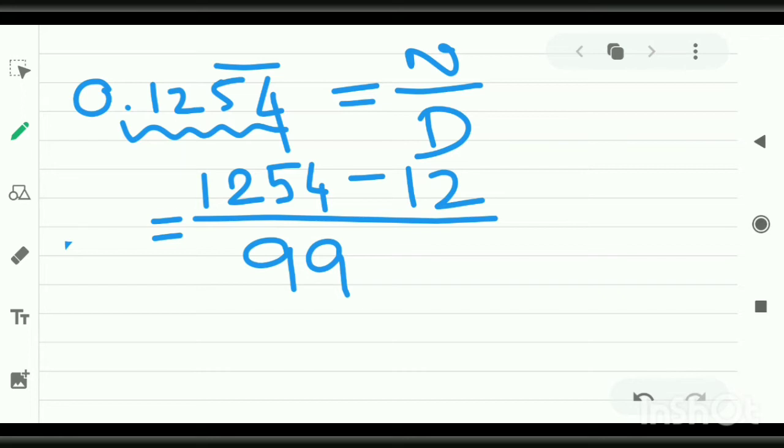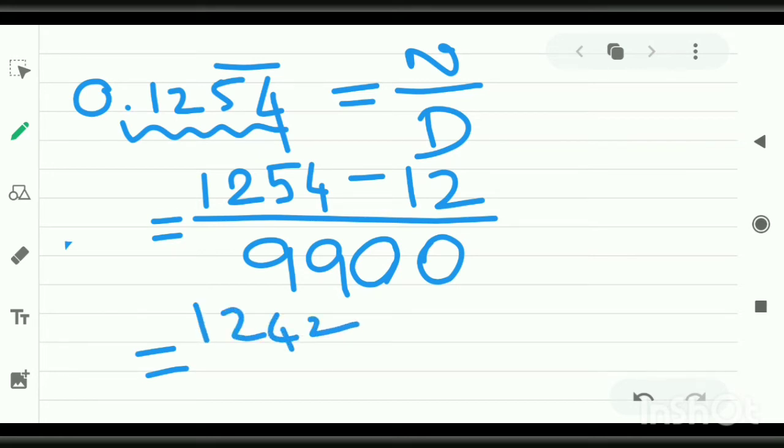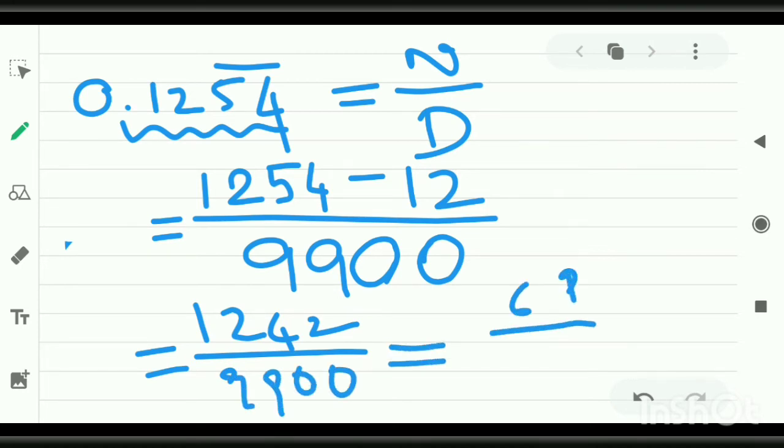So the number of zeros will be 2. Simplifying, we get 1254 minus 12, which is 1242, divided by 9900, which simplifies to 69 by 550. Very good. We have completed solving the first example problem.